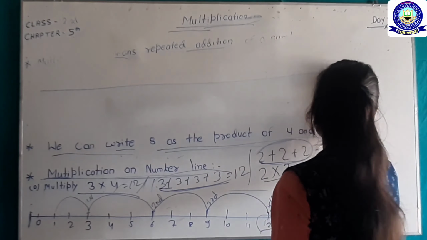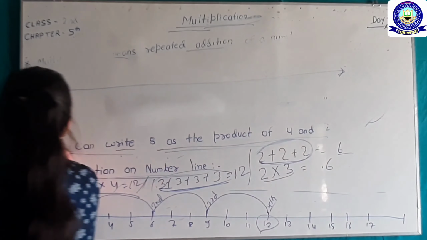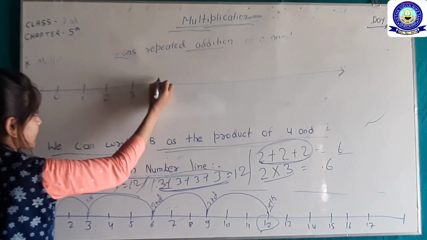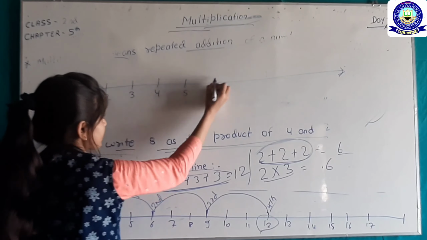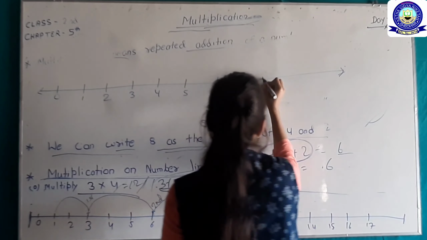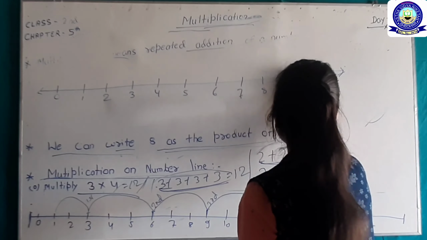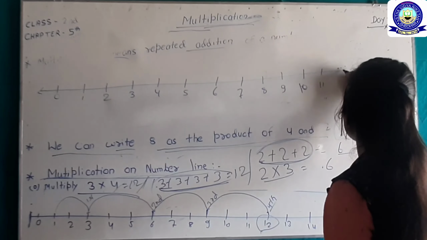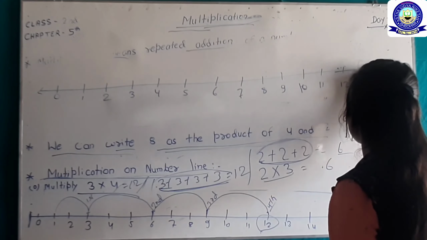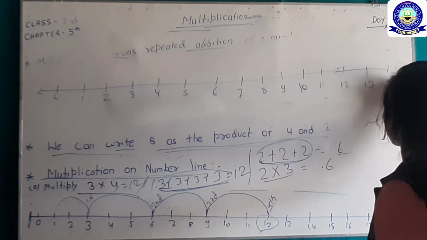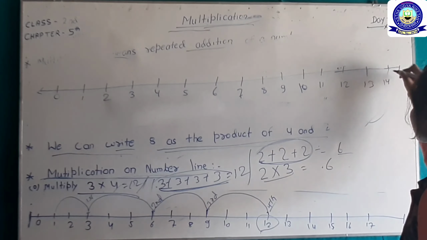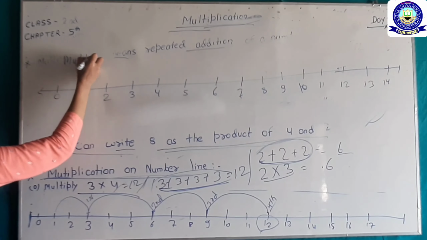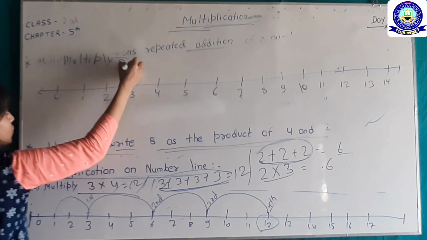Here is a number line. 0, 1, 2, 3, 4, 5, 6, 7, 8, 9, 10, 11, 12, 13, 14. Lastly, you have to multiply 2 into 6.